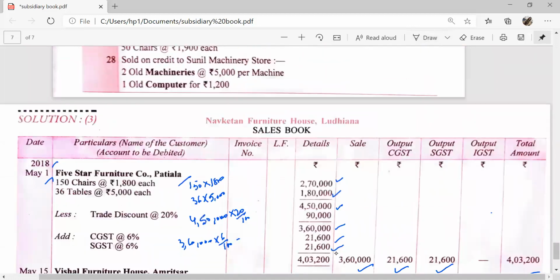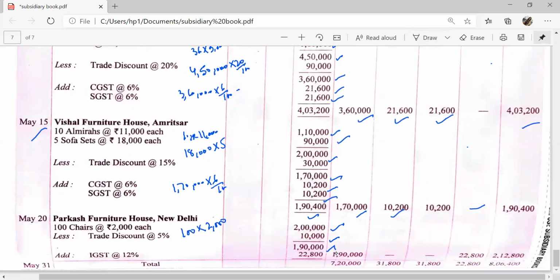IGST is 12%, that is 6% CGST and 6% SGST. The total IGST will be 12%. 1,90,000 into 12%, 22,800, and total amount is 2,12,800. It will be recorded in the total column, and in the sales column we will record 1,90,000, the amount of sales less trade discount, and in the column of output IGST 22,800.